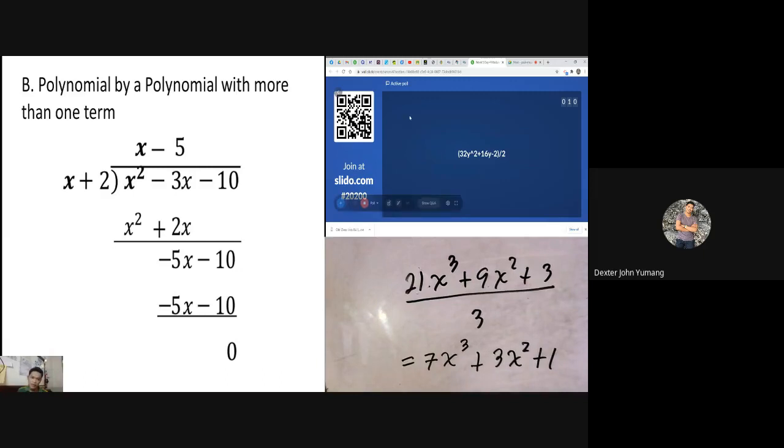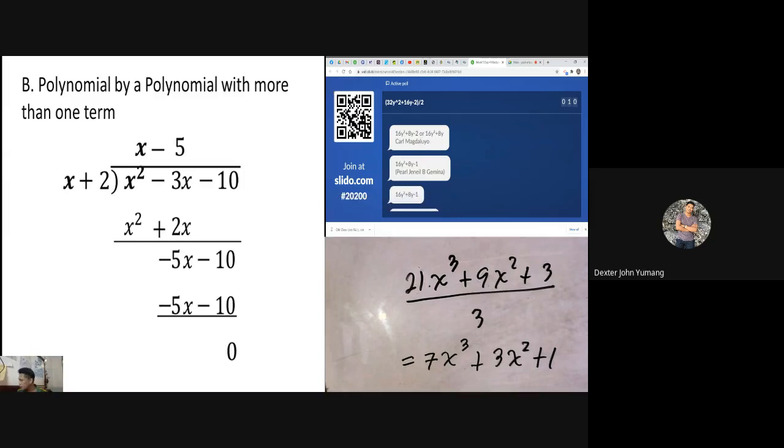Okay, let's reveal kung meron na pong sagot ang iba. So si Carl, we have 16y squared plus 8y minus 2 or 16y squared plus 8y. Si Pearl naman, 16y squared plus 8y minus 1. Okay, others please. Lahat po, participate po. We are 9 all in all.